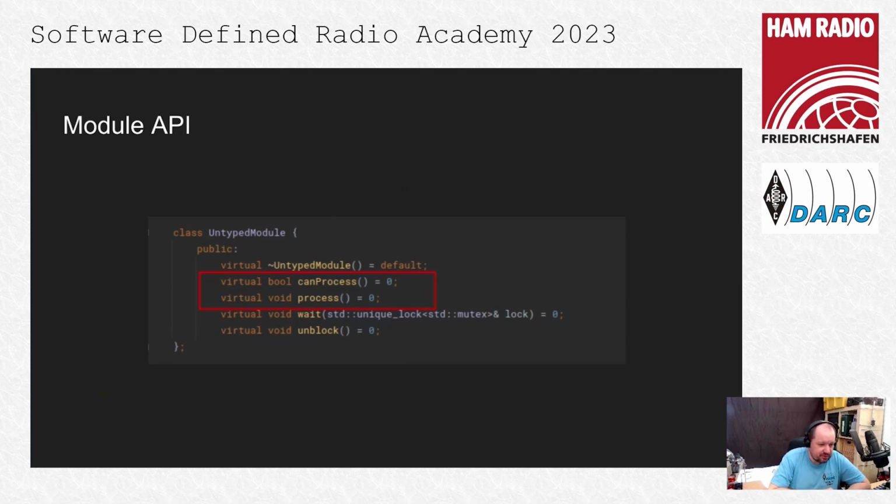All you have to do is implement a method that can tell the runner whether or not the data that is available right now is sufficient for the module to process something. And then when the runner decides it's time to do so, the runner will call process, and then the module is going to do whatever it has to do with that data.